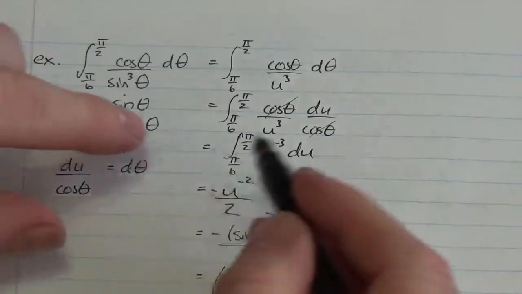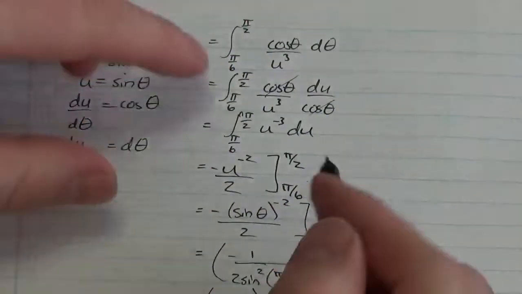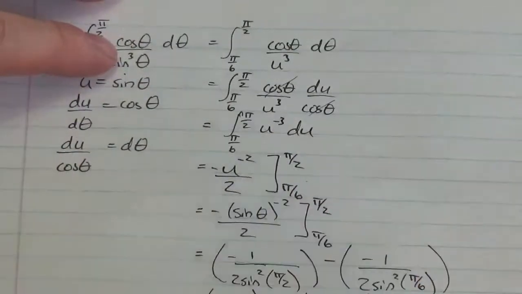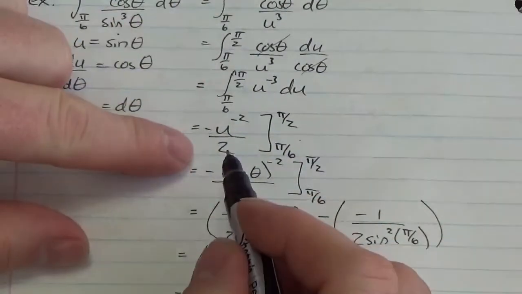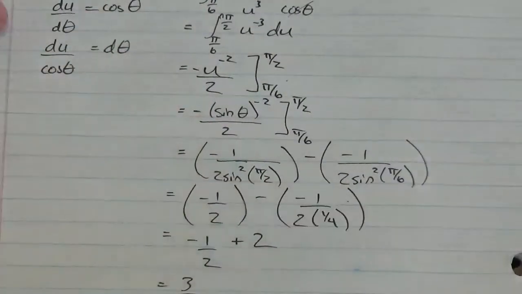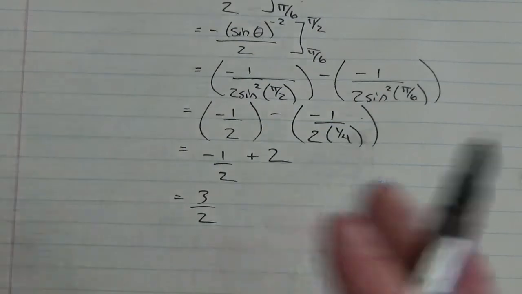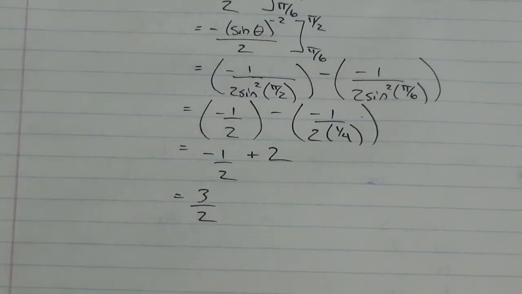So I take my derivative, then I substitute things in. And then I'm just canceling stuff out, reducing it down to a nice simple expression, take the antiderivative, do my substitution back in, and then I'm evaluating. That's all I have to do. But let's take a look at another example, and we'll do this slightly differently.